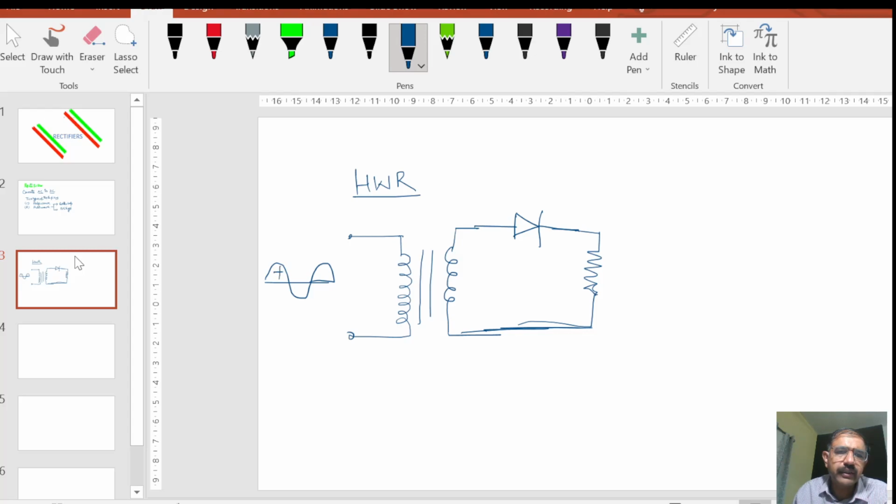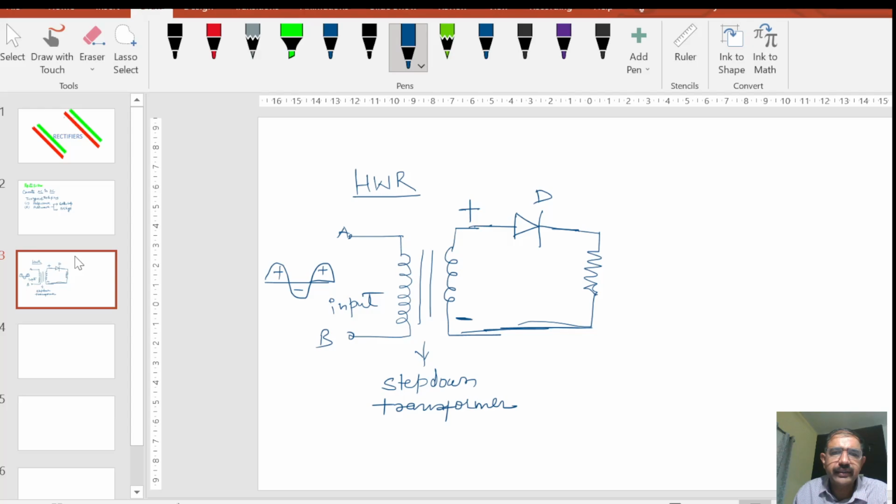This is a positive cycle, negative cycle and positive cycle. Across the AB end we apply the input waveform. This is our diode D, and this is a step down transformer. During the positive cycle, this end becomes positive and this end becomes negative. You know that if this end is positive, the diode becomes forward biased.